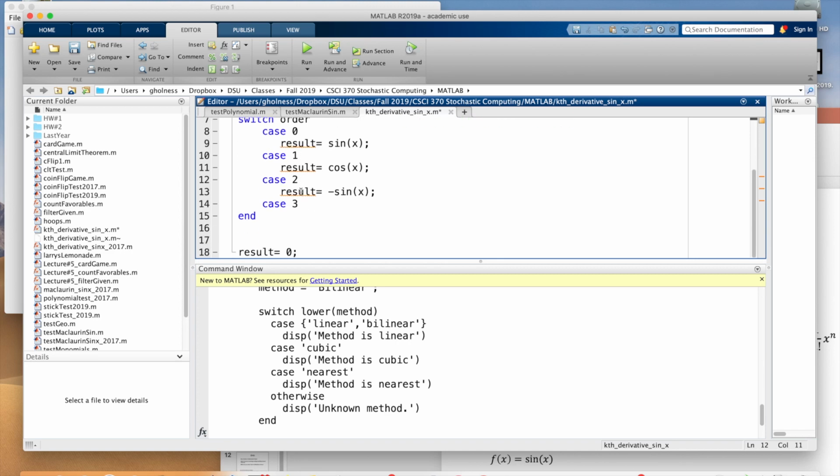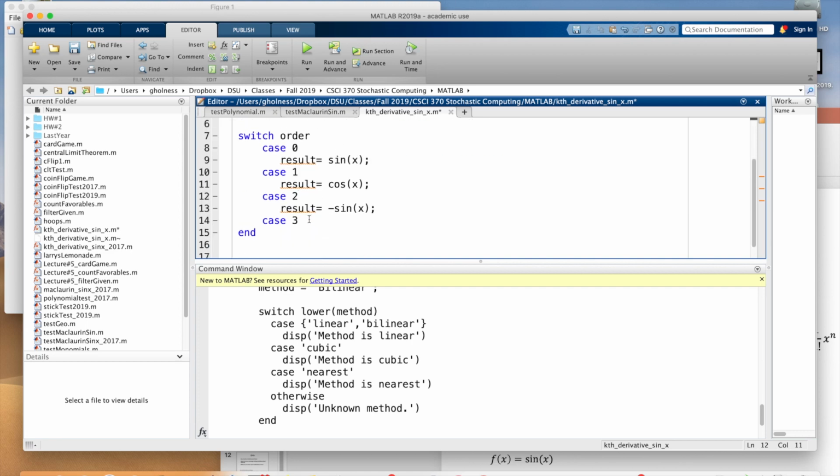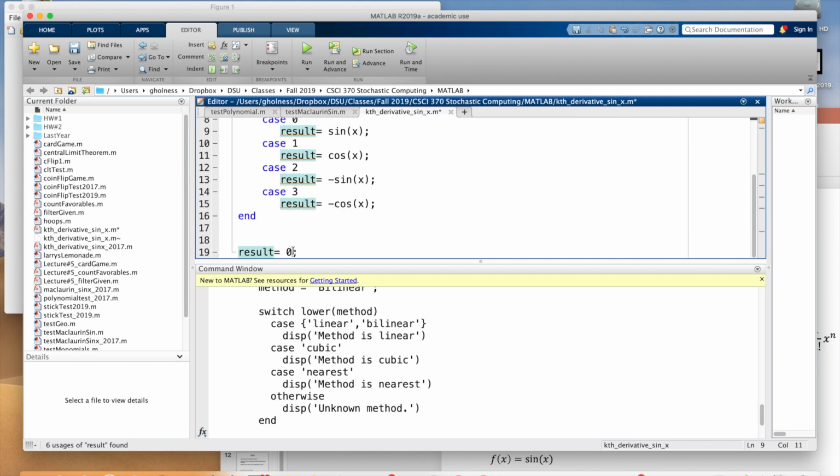And then the third one, result equals minus cosine x. Oh, something's happening. All right, so let me save. Oh, yeah, right. Okay, forgot about that.